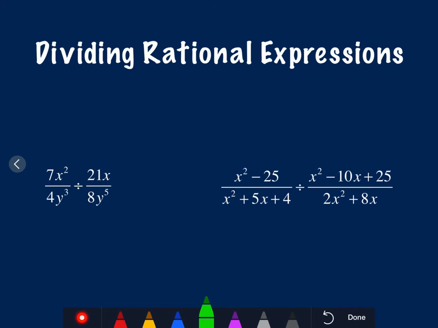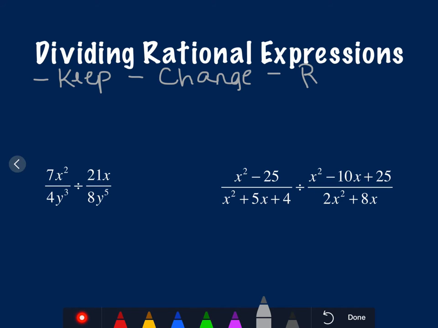Lastly, we're going to divide rational expressions. Dividing, the first step we do is we change it into a multiplication problem by keeping the first fraction the same, changing the sign to multiplication, and then flipping the second fraction to the reciprocal.